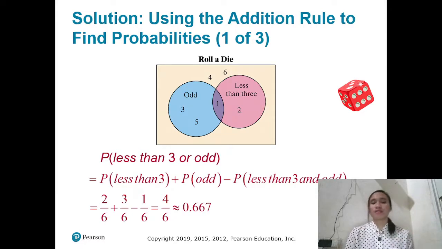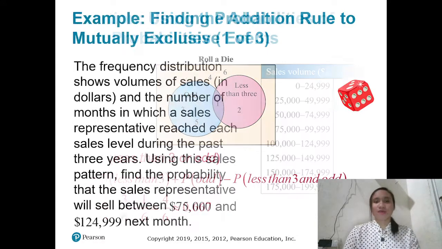Probability of less than 3 or odd is equal to probability of less than 3 plus probability of odd minus probability of less than 3 and odd, which is 2 over 6 plus 3 over 6 minus 1 over 6. Copy the denominator and add 2 plus 3, that is 5. 5 minus 1 is 4. So 4 over 6 is equal to 0.6667.